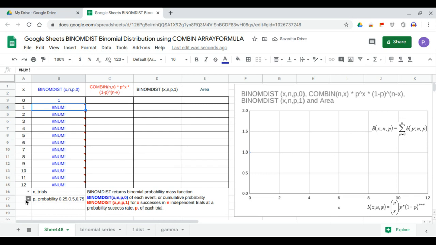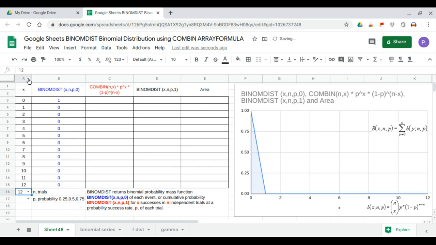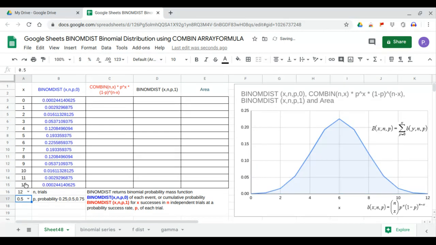Let's say we choose a total of 12 independent trials with a 50% success rate.